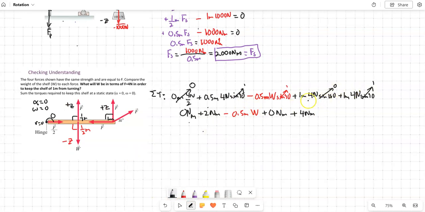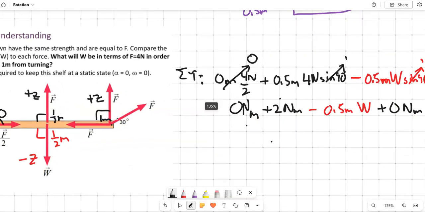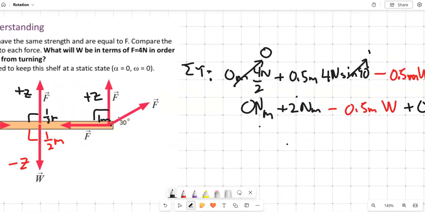Moving right along, we're down to our last force. This is one of the more complicated ones here. It's interesting if we think about it, but this force here, which is 4 newtons, is at a 30-degree angle, which means it's pulling it out to the right, but it's also pushing up at the lever arm.